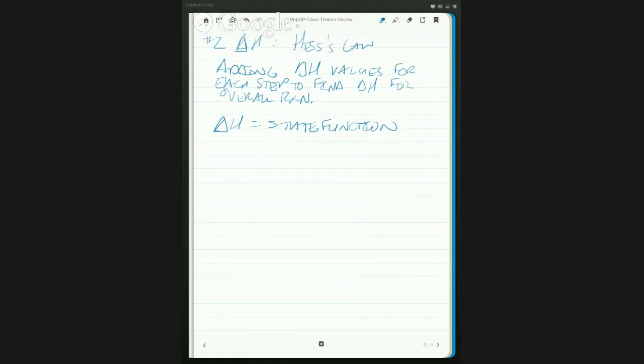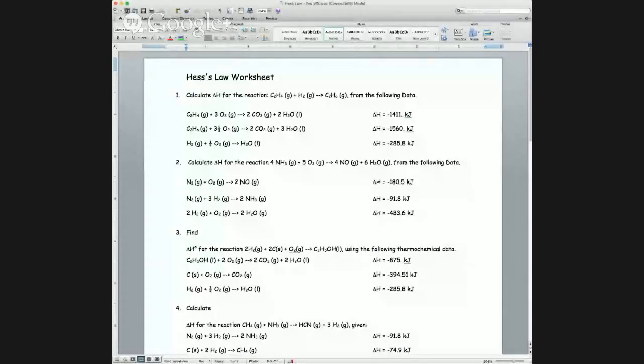Let's share that actually. There it is. Okay. Here's the Hess's law worksheet, and the key is attached to the end of this.